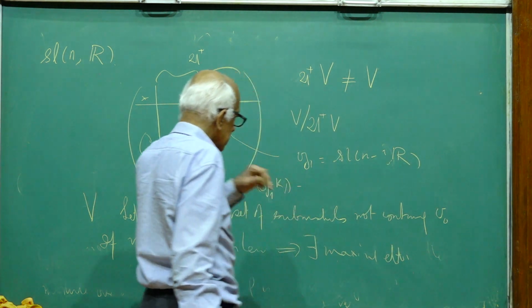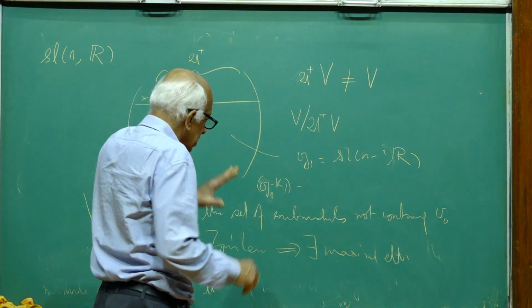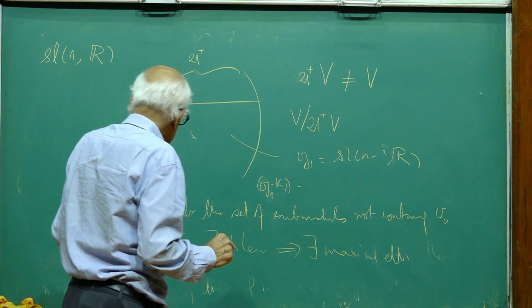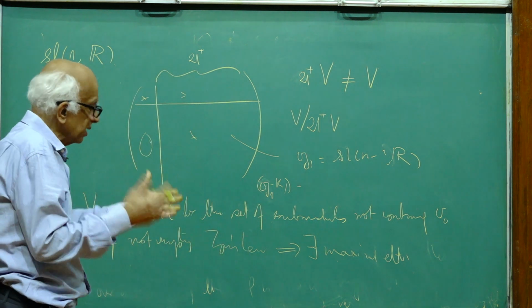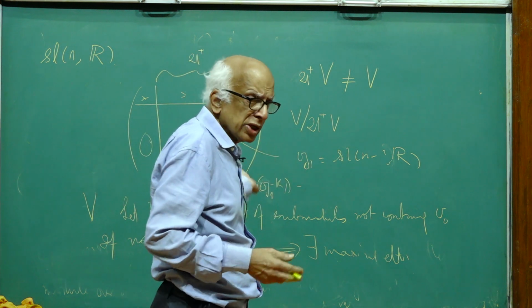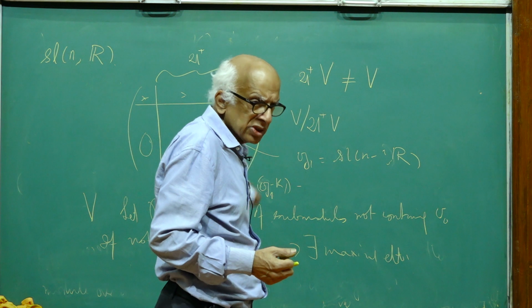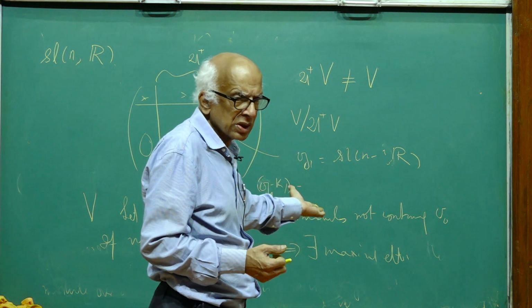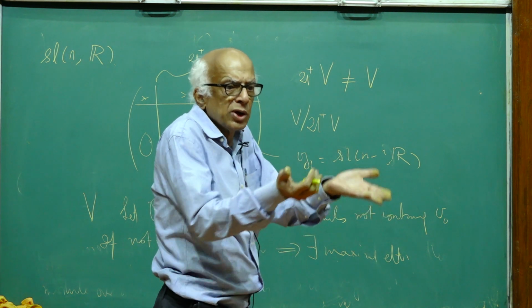Every G1 submodule contains V naught. That would mean it is irreducible, since any submodule will have to contain V naught. It means it's irreducible under G1.